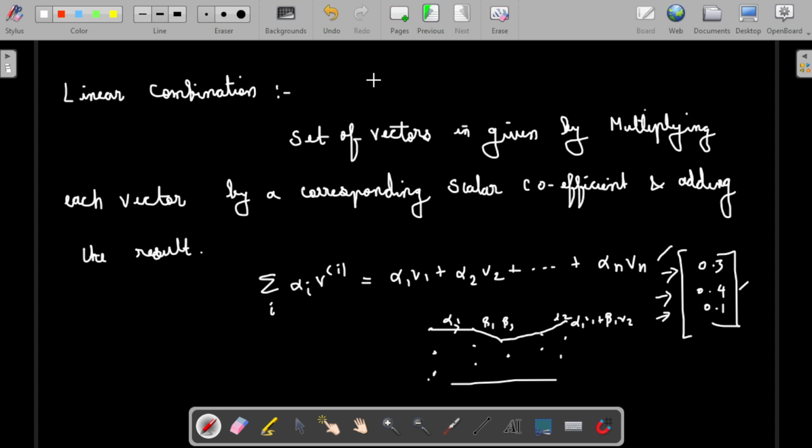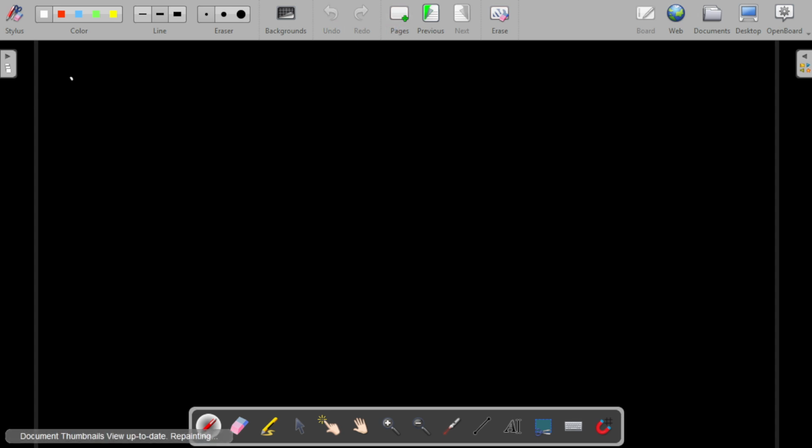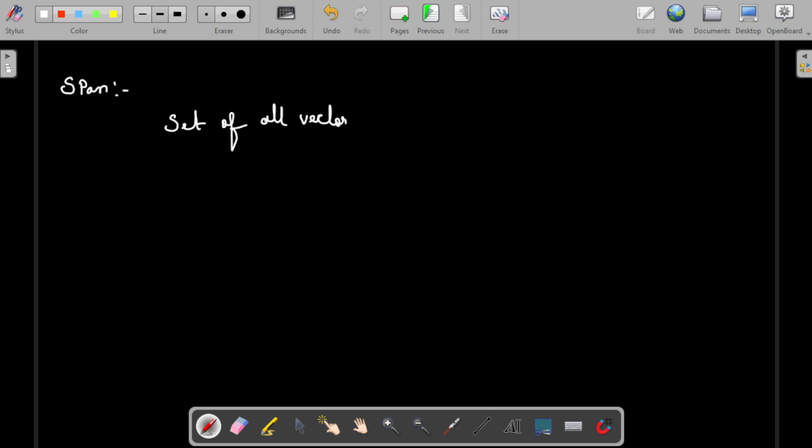Now let's get into another topic called span. These are some mathematical terms which may seem vague, but they will be helpful if you understand them. The span of a set of vectors is the set of all vectors obtained by linear combination.